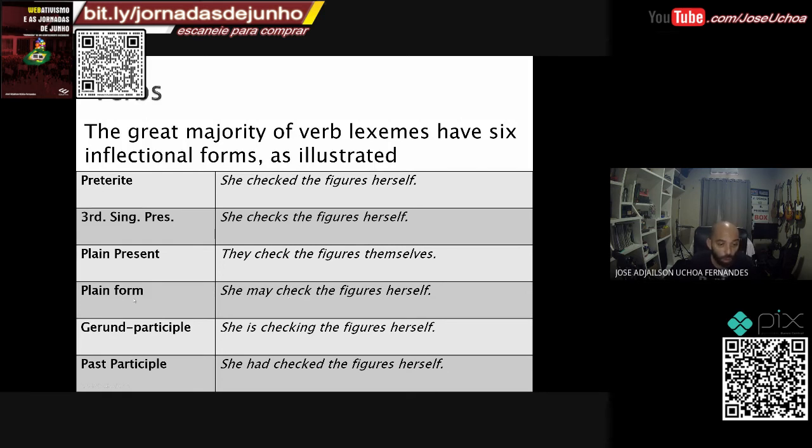We have the gerund participle, which is the famous ing, that we use in the continuous verb tenses, like "she's checking the figures herself." This inflectional morpheme, ing, is called gerund participle. As you can see, we also need the auxiliary be because it's called present of be continuous. When I say continuous, I mean we should have the gerund participle of the principal verb.